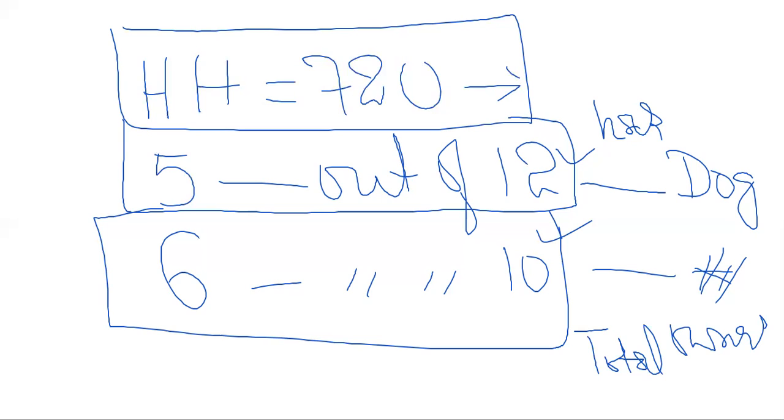The question then states that 6 out of every 10 households that own a dog also have a fenced backyard. So out of every 12, these households own a dog, and 6 out of every 10 own a dog also.